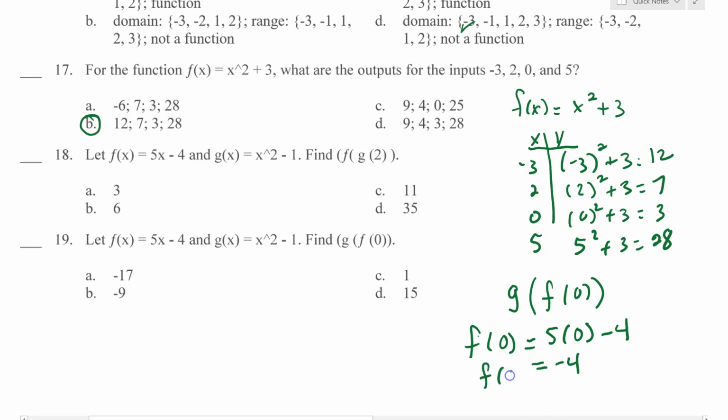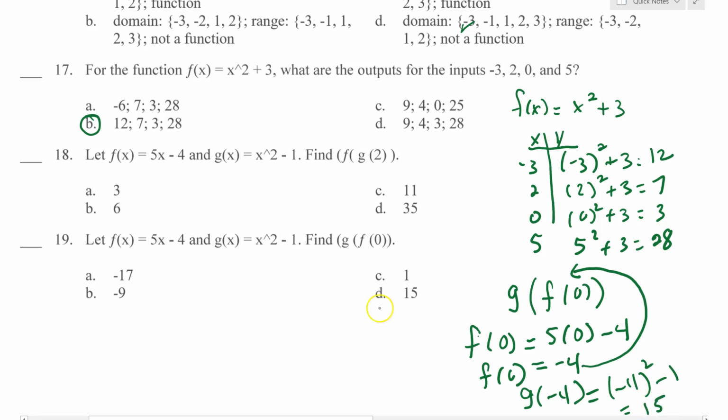It's negative 4, so f of 0 is negative 4. That's going to go back into G. So we have G of negative 4 is going to be negative 4 squared minus 1. Negative 4 squared is 16, minus 1 is 15. So your answer is D.